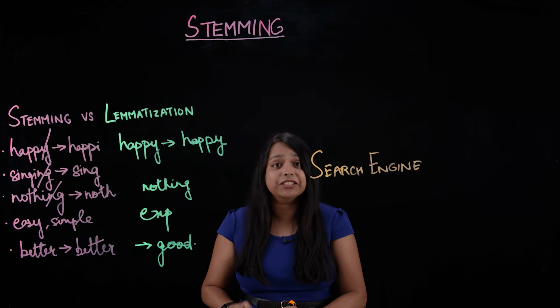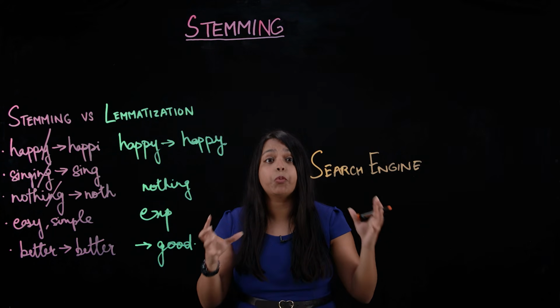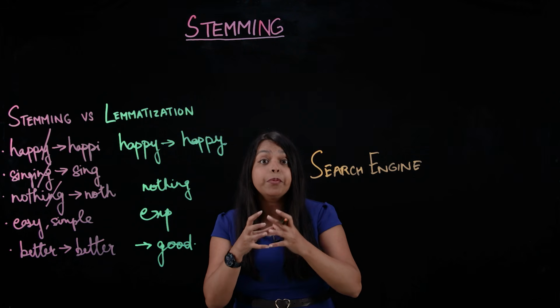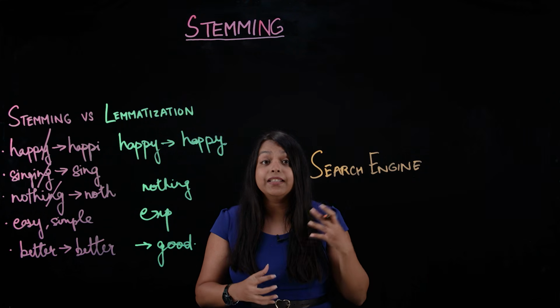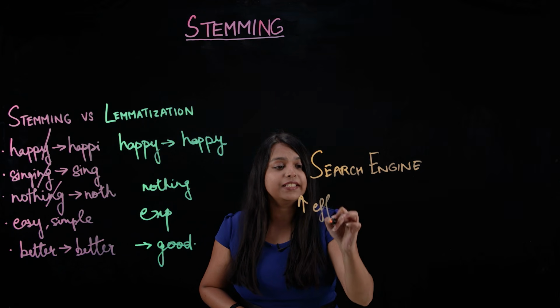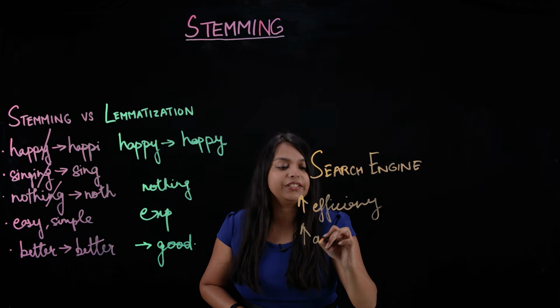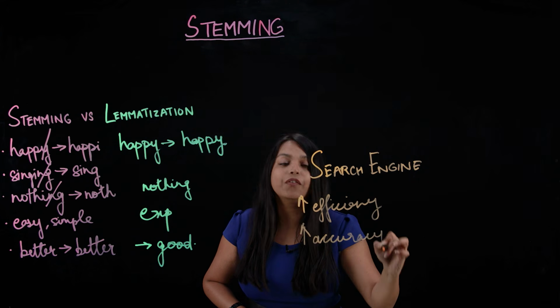This is where stemming comes into play. Trying to get all of those different forms, the different morphological variants of that particular word, invest. This in turn gives you more relevant results, thereby increasing the efficiency of the search, while also increasing the accuracy of the results that you get.